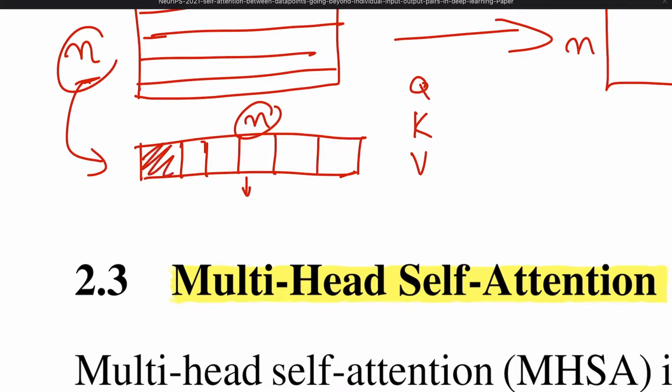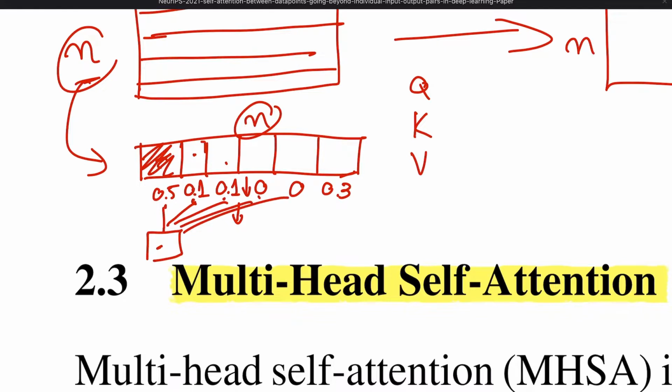So for example, for this input, you could say that, hey, I'm attaining, let's say, 0.5, 0.1, 0.1. So now, at the output for this specific thing, it's going to be 0.5 times this value, 0.1 times the other value, 0.1 times the other value, 0 times the other value, and so on.